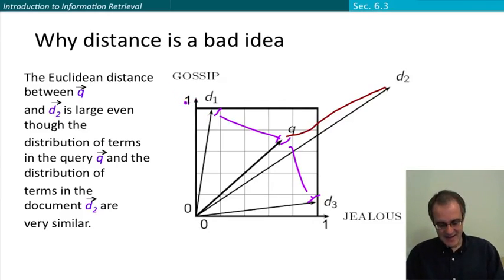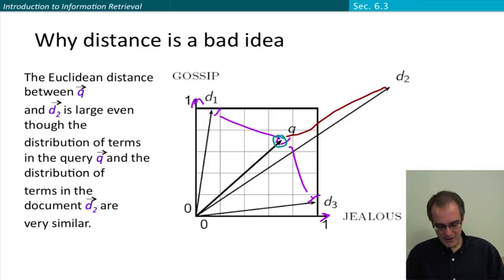So in this teeny example, the two word axes shown are here for gossip and here for jealous. And what our query is, this is the query that would come out precisely if your query is gossip and jealous. So it has both of those words occurring with equal weight.